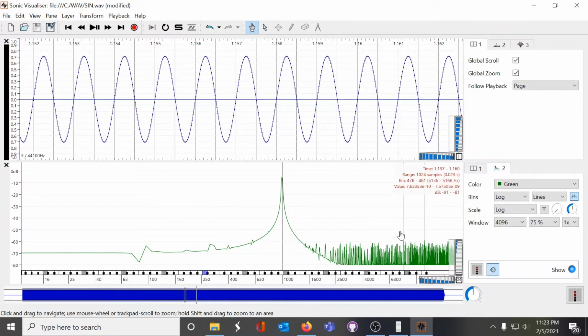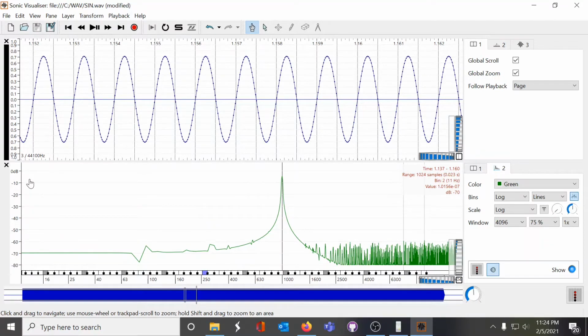We would see harmonics over in this range. There are some artifacts here, but you'll notice that they are negative 60 dB relative to the signal of interest. One more time. The oscilloscope is time on the horizontal, amplitude in the vertical. The spectrum analyzer is frequency on the horizontal and amplitude on the vertical.